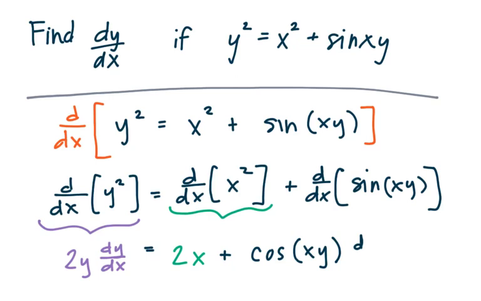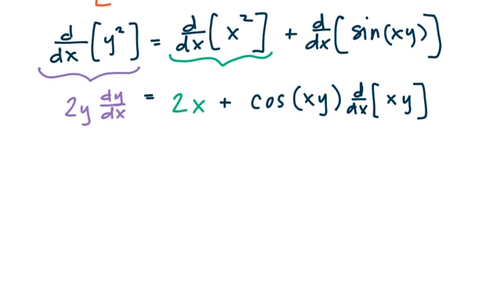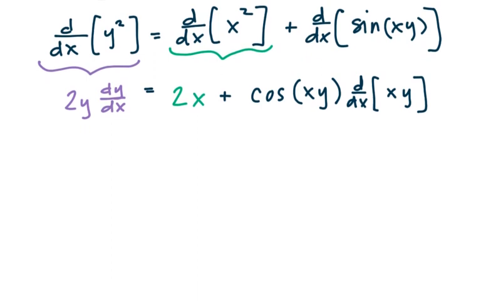However, by the chain rule, I need to take the derivative of that argument on the inside. All right, so the derivative of the inside, I'm just going to look at this piece right here. And this is the product of x times y.